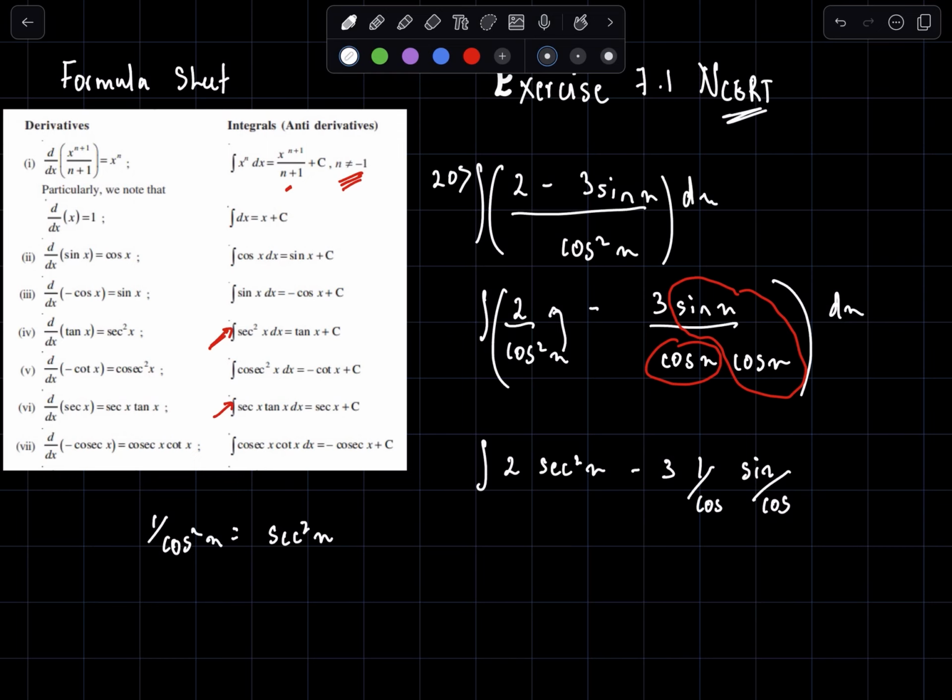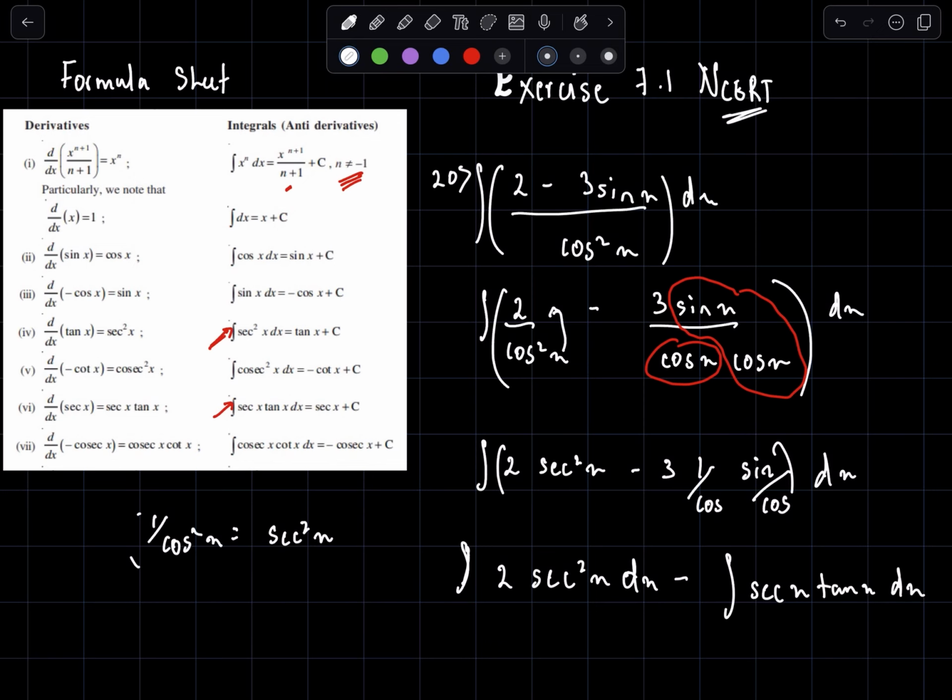Which basically means this is the integral of 2 secant square x dx minus the integral of, now 1 over cos is what? Secant. We know this. Just take the square roots over here, both sides, you will get it. So that would be secant x tan x dx.